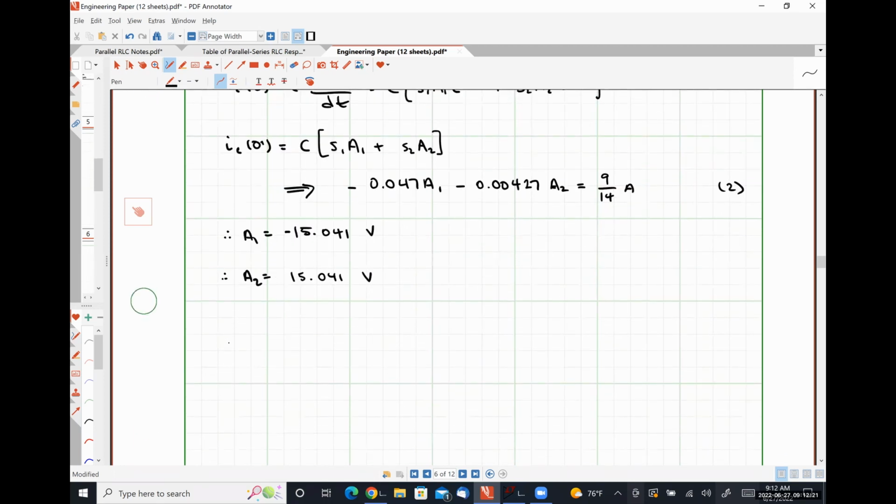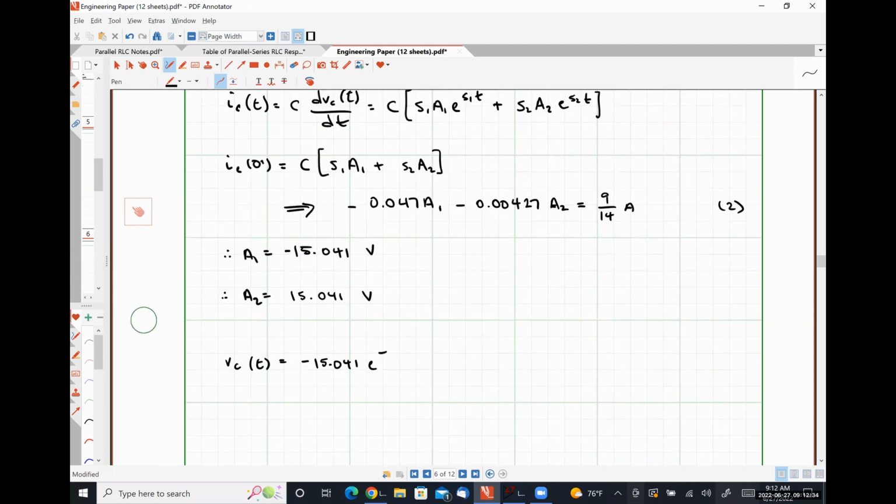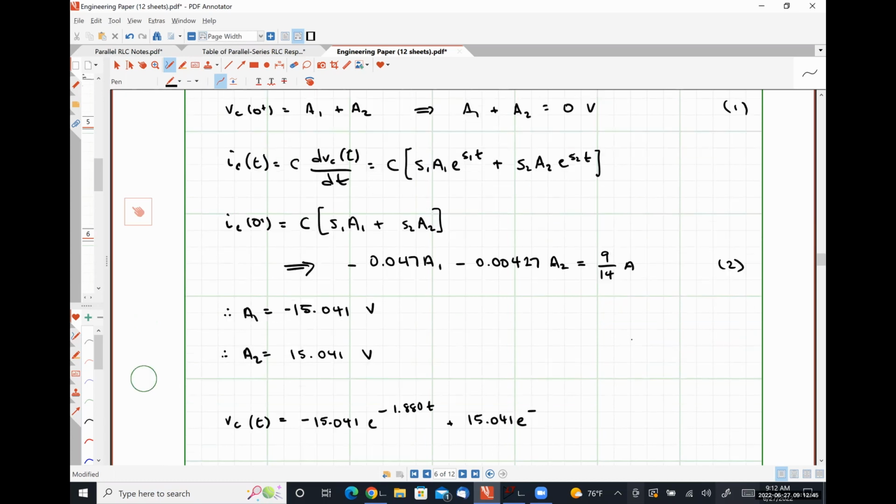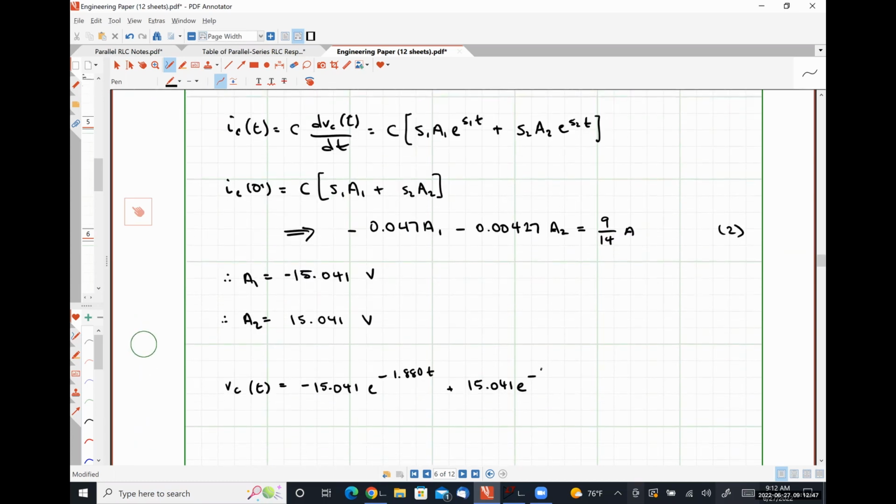From this, my voltage VC of t is negative 15.041 e to the minus 1.880 t plus 15.041 e to the minus 4.786 t volts.